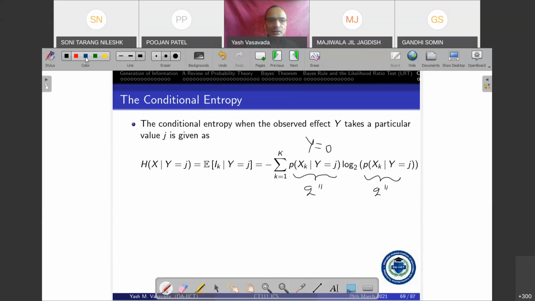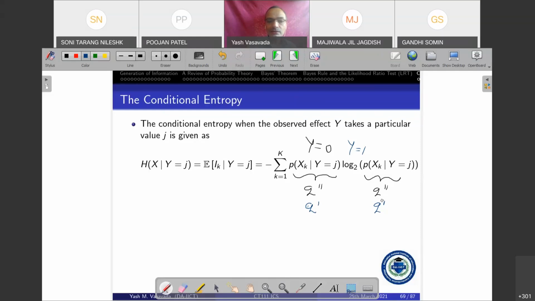Or if Y is equal to 1, then this will be q prime, and this also will be q prime. So this is the exact same formula as before, except we are replacing the probabilities by the conditional probabilities given a particular measurement.